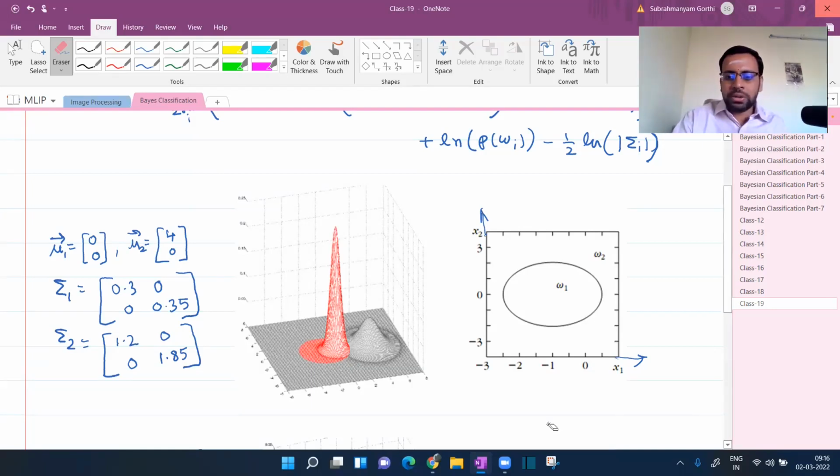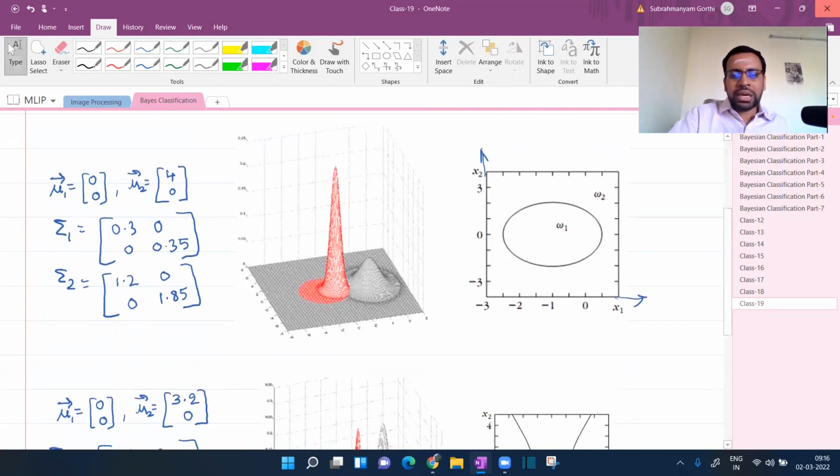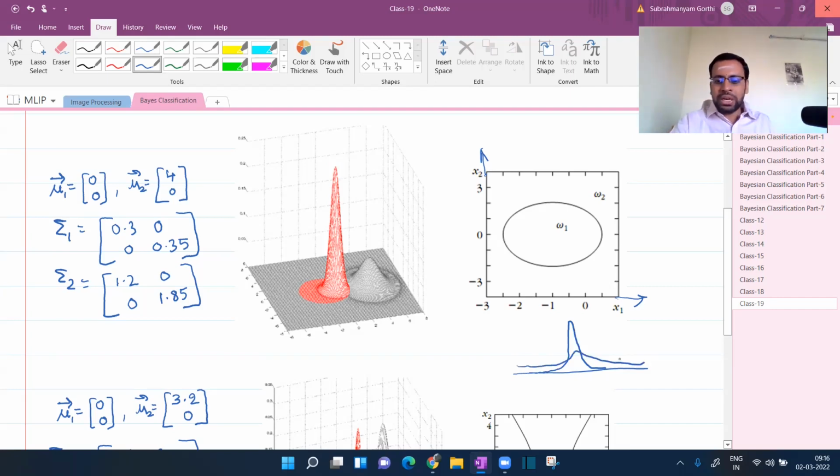You remember the graphs, even in 1D, you would have noted earlier that if you have a peak value of a Gaussian like this and another with a larger variance, beyond this particular point it will be more on both sides, right?